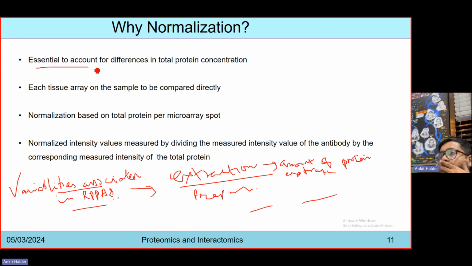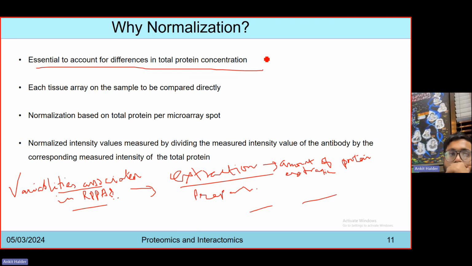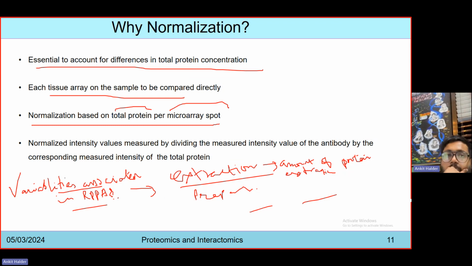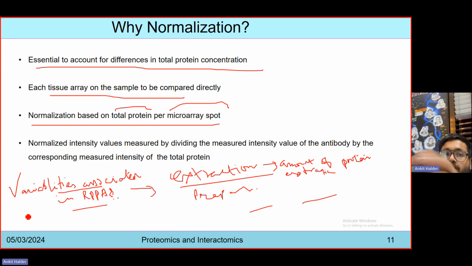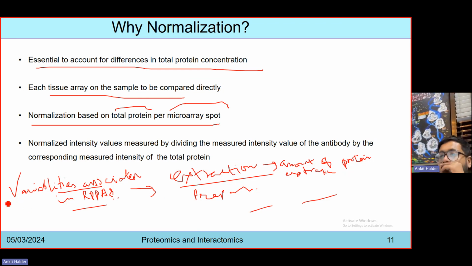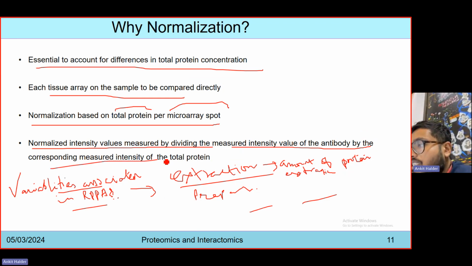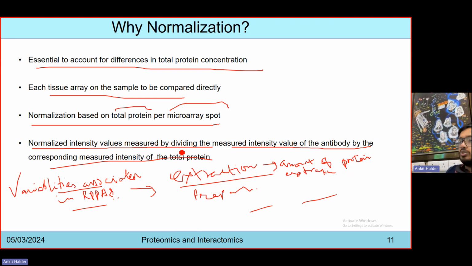So it is essential to account for the differences in the total protein concentration. Each tissue array sample needs to be compared directly. So normalization is based on total protein per microarray spot. The amount of protein present per microarray spot is what we count for the normalization, and the normalized intensity values are measured by dividing the measured intensity value of the antibody by the corresponding measured intensity of the total protein.